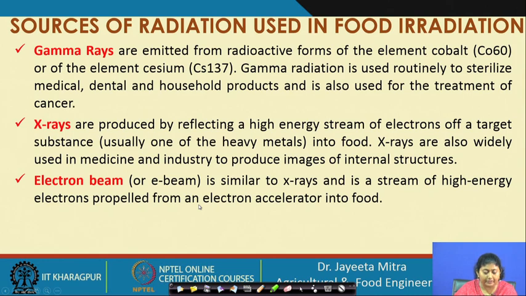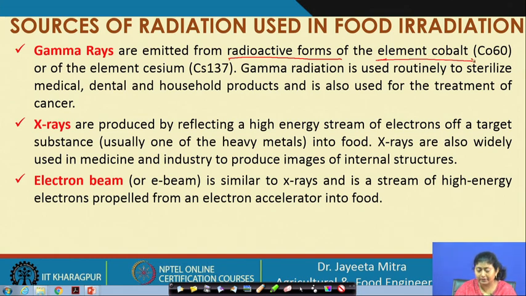For example, the gamma rays are emitted from radioactive forms of the element cobalt. So, the radioactive form is cobalt 60, or of the element cesium, that is Cs 137. These two are radioactive forms of these elements and they can emit the gamma rays.